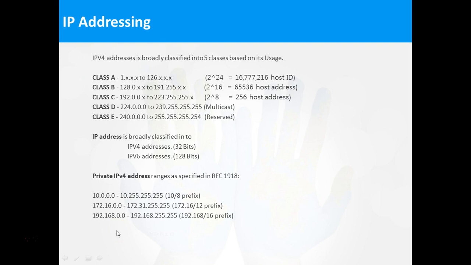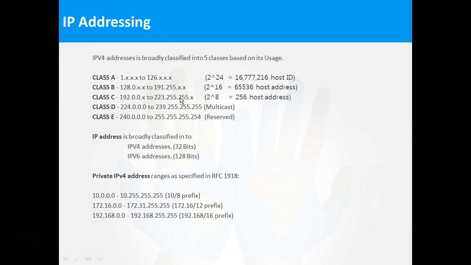These types of IP addressing are also called class based IP addressing. Whenever I say class based or classful IP addressing, it means that the ranges or the classes are all fixed. In each and every IP address, there is a network portion and a host portion.